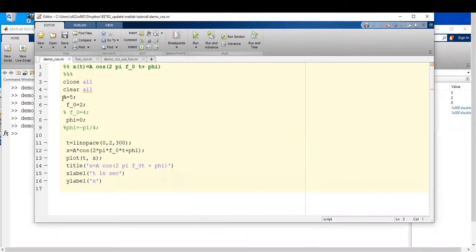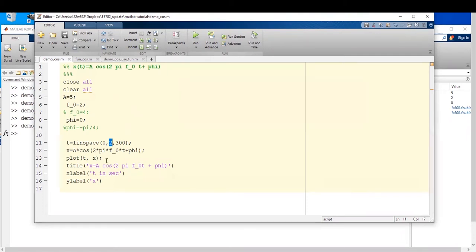So the magnitude is 5, the frequency is 2, which means that this cosine signal should repeat itself 2 times in 1 second. The initial phase, first we can choose 0, and then I plot the waveform from 0 to 2 seconds.